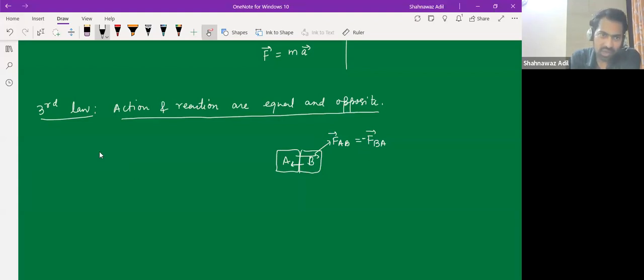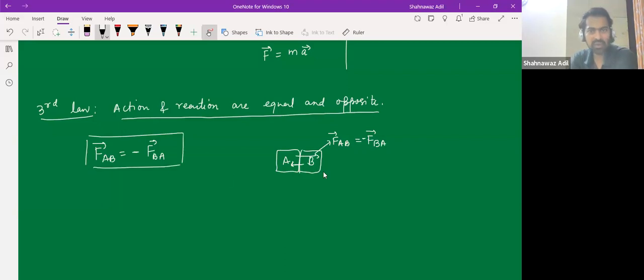So this is what we call the third law. Remember, this minus sign is important.